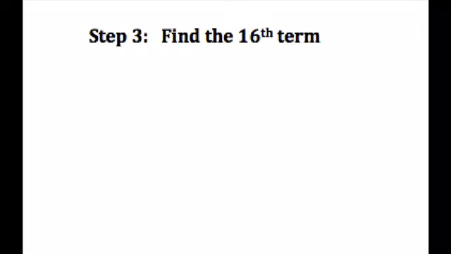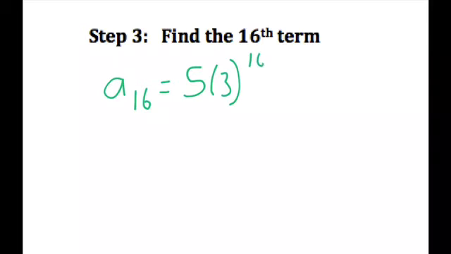Then our last step is to find the 16th term. So we have A sub 16 equals 5 times 3 to the power of 16 subtract 1. Now don't forget when you put this in your calculator to put parentheses around that 16 minus 1, or just put 5 times 3 to the power of 15 in there.